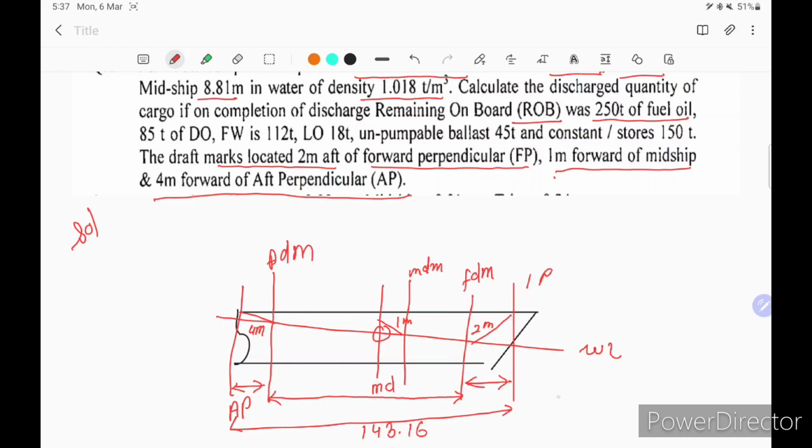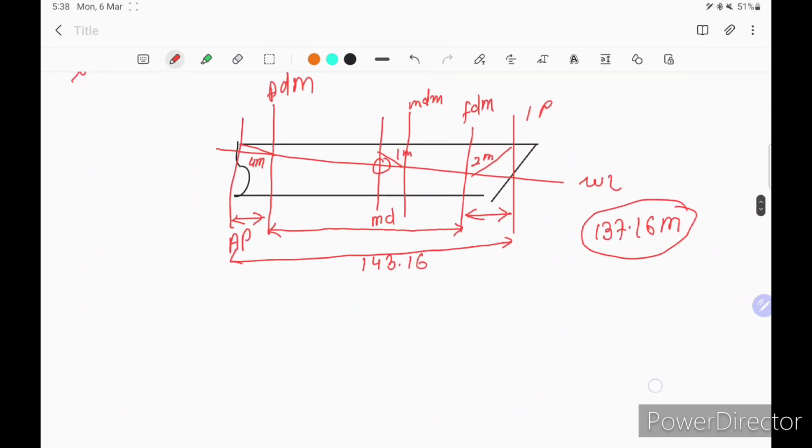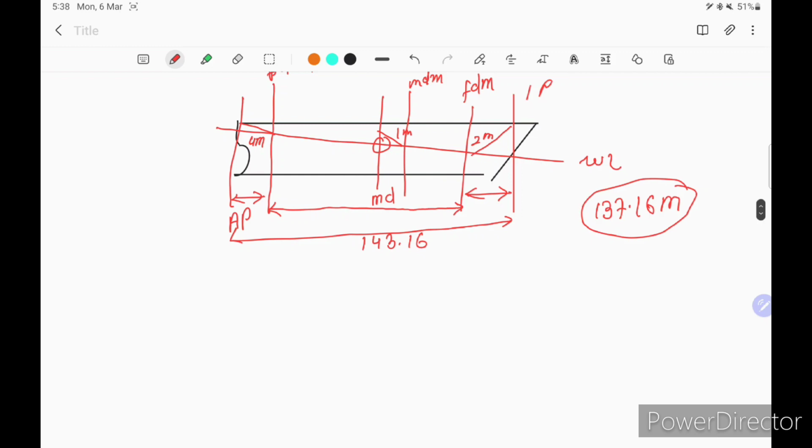So we'll get the distance between draft marks as 137.16 meters. This much clear? Okay, and we have the trim of 0.24 meters by the stern.